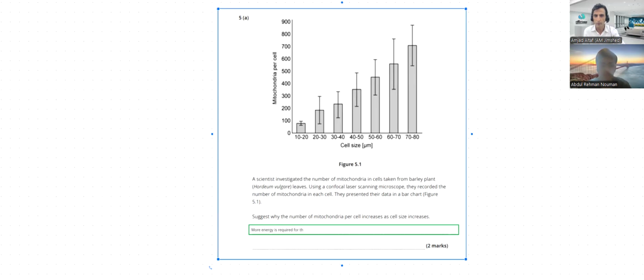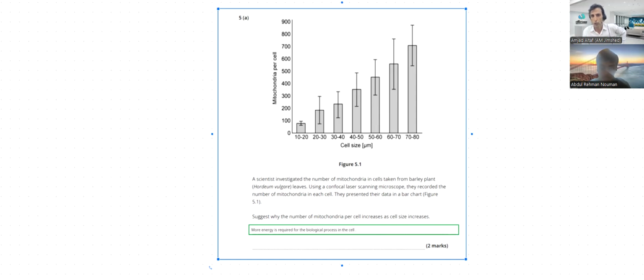I'm writing it while I'm thinking as well. Yes, good. You have an idea about it. Definitely the larger cells have the greater volume and therefore require more energy. This is what we already know, right? Because that has to carry out the metabolic process. If the size is greater, that needs more energy to carry out the metabolic process.